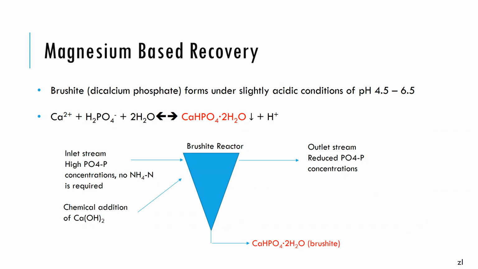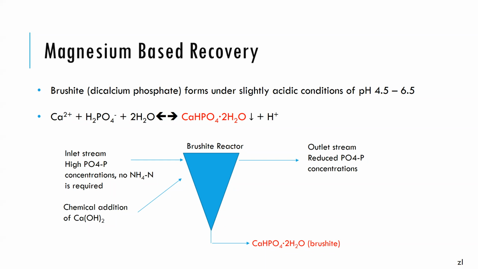Brushite, as far as I know, is the only kind of calcium phosphate that is biologically available, and it's actually a fairly good fertilizer for certain economical plants, including corn. So this is why we focused on the brushite recovery in a pilot test effort.